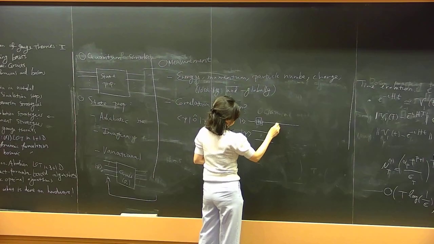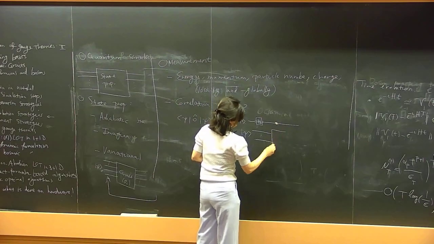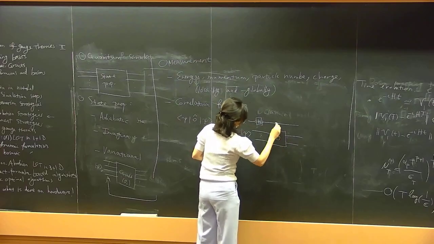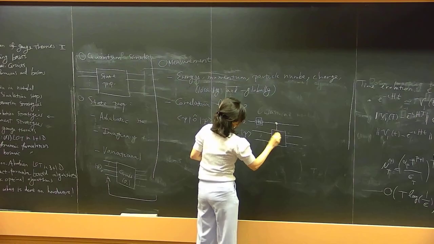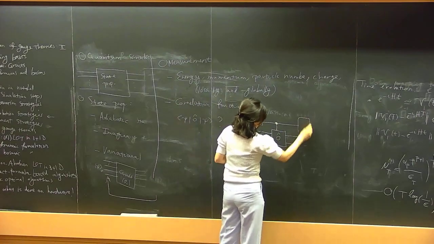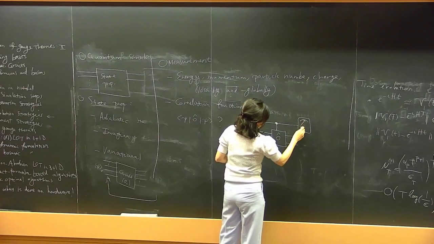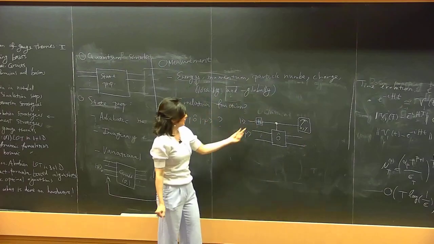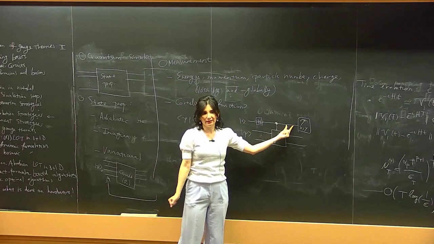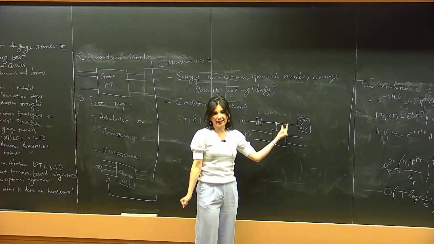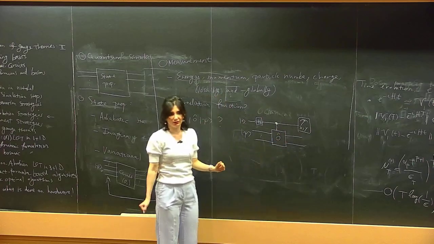And then you do something like this, and then you measure either in the X or in the Y basis. Meaning that you either insert another Hadamard, and then you measure the 0 and 1 probabilities of your qubits, or you put in a phase gate and a Hadamard, and then you measure the 0 and 1.